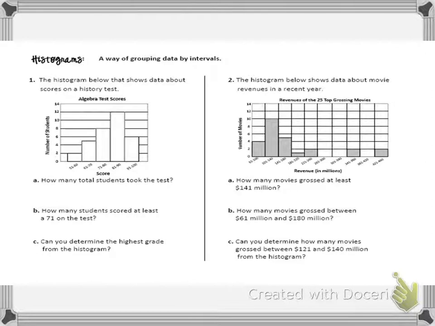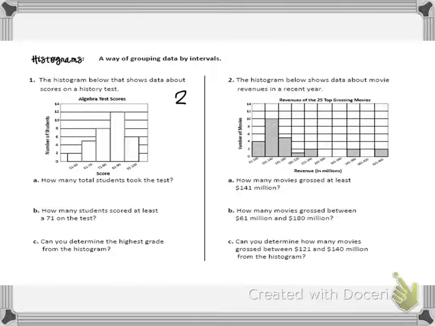Okay, so let's talk about 2 histograms here. It says the histogram below shows data about scores on a history test. How many students took the test? Well, all I need to do is count up the number of occurrences. The first one is 2. The second one, in between 4 and 6, is 5.